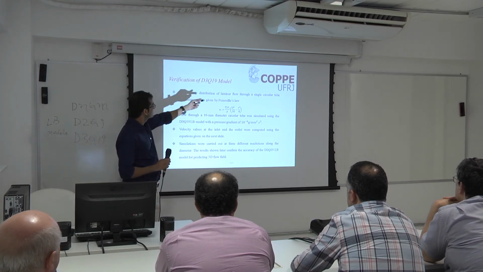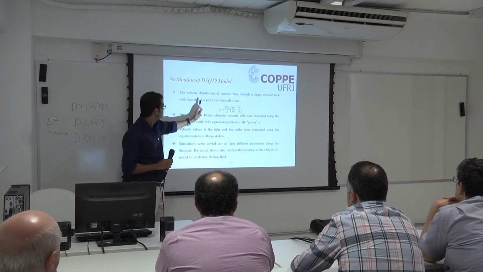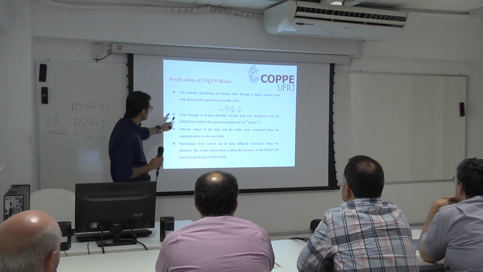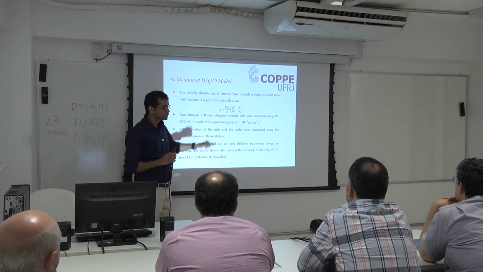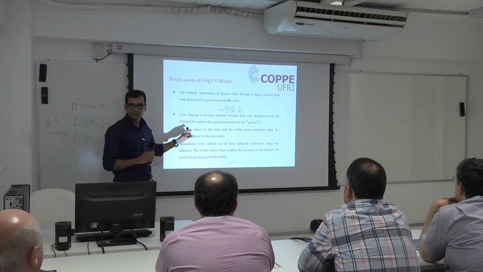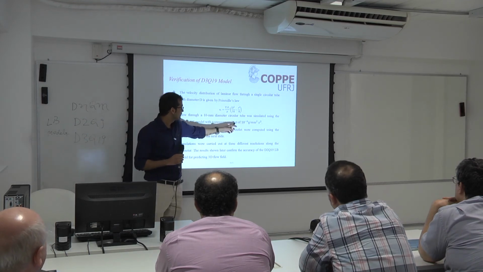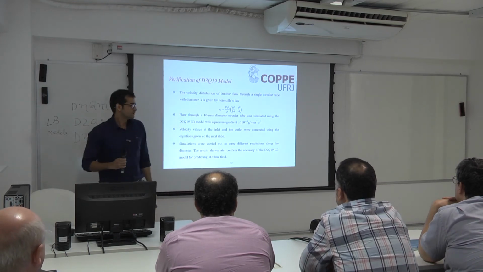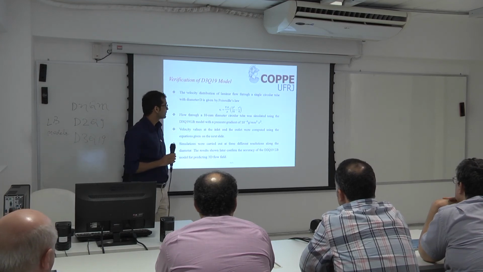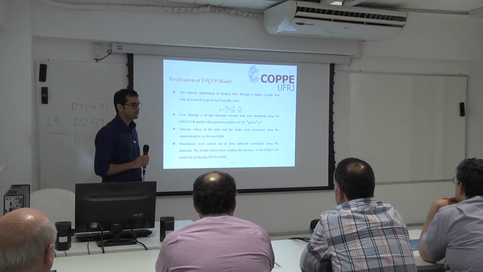So for the velocity distribution of laminar flow, we use this equation. The flow through a 10 millimeter diameter circular tube was simulated using this lattice Boltzmann method with a pressure gradient of 10 to the power minus 6. Velocity values at the inlet and the outlet were computed using the equations given on the next slide.